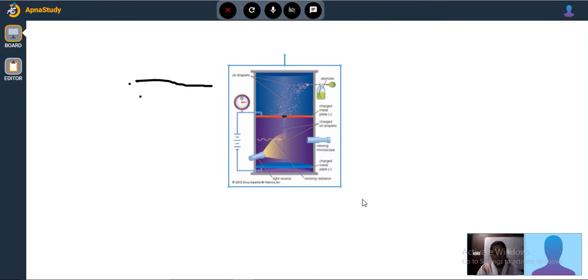How did Millikan do this oil drop experiment? He took one steel container which had two metal plates. One plate was connected with the positive terminal of the battery, and the other was connected to the negative terminal of the battery. Through one port, he used to spray oil droplets with the help of an atomizer.